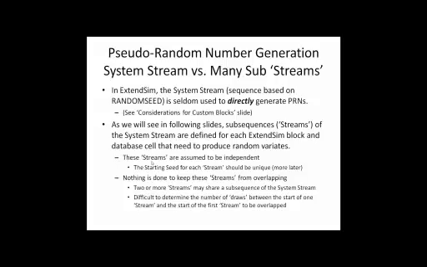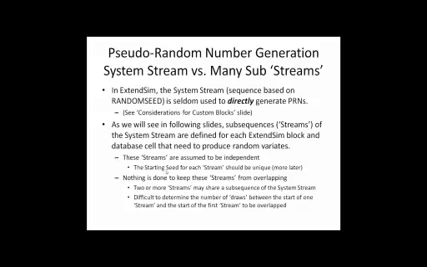And these, I'll refer to that with the quoted term stream or streams to indicate that what we're talking about there is a specific subsequence that is allocated to a block or a database cell.